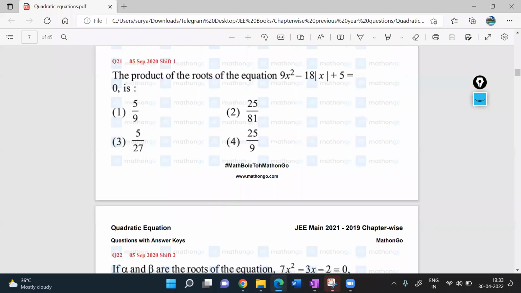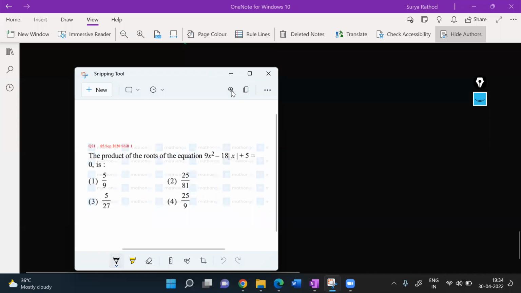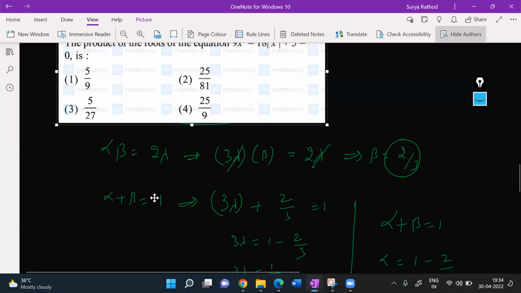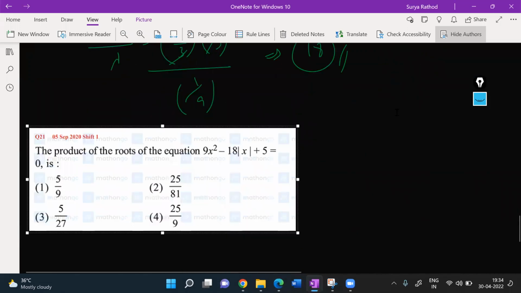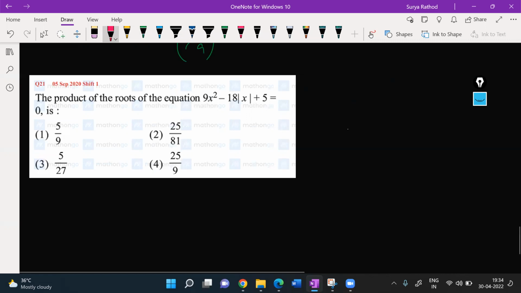Next question, no problem. Hope you understood that. Next question, 21st question, everyone solve this. The product of the roots of this equation. Very, very simple question. This has been asked in 2020.